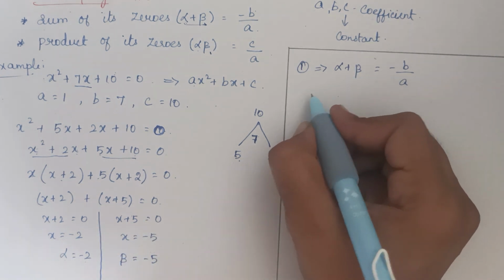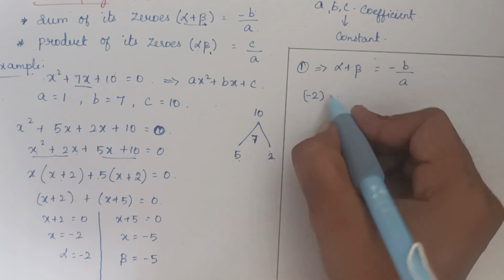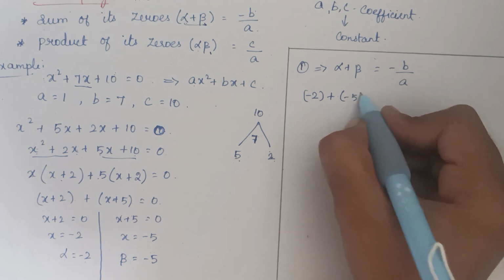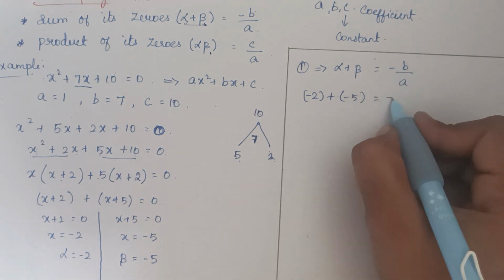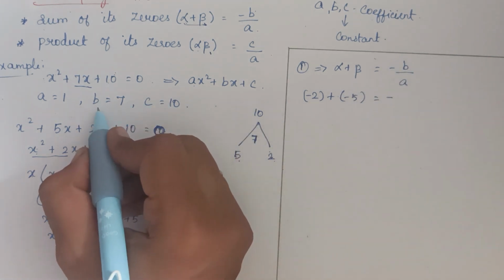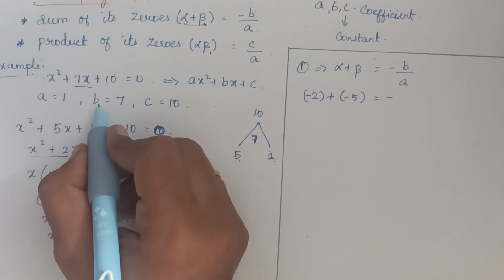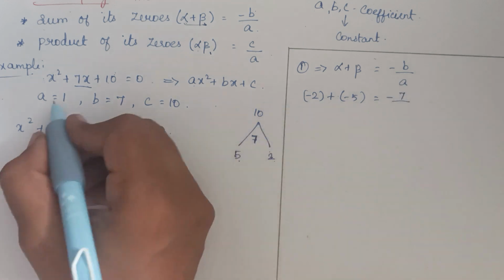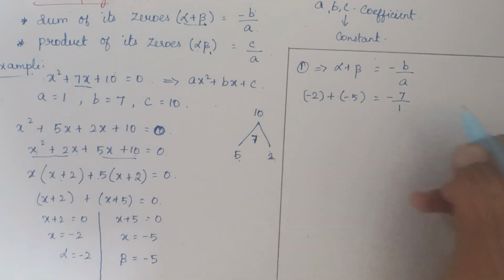Minus 2. So write minus 2 plus beta, the value of beta is minus 5, is equal to, so the formula has minus b. Already we found the value of b, so it is equal to minus 7 by a. The value of a is 1.